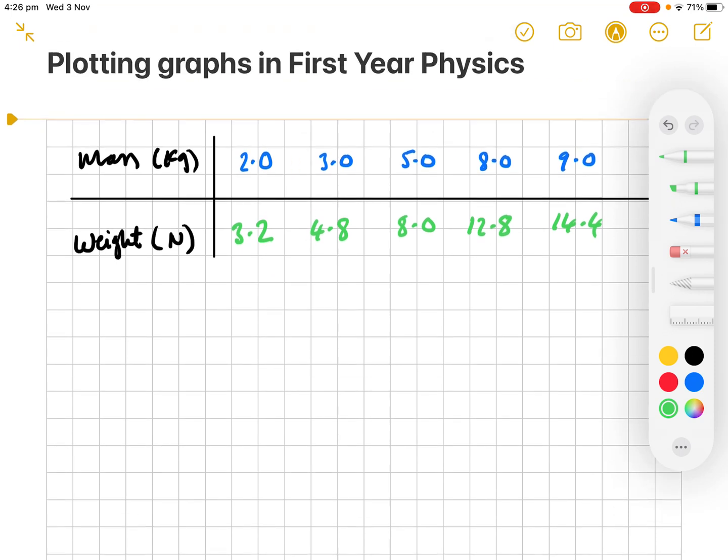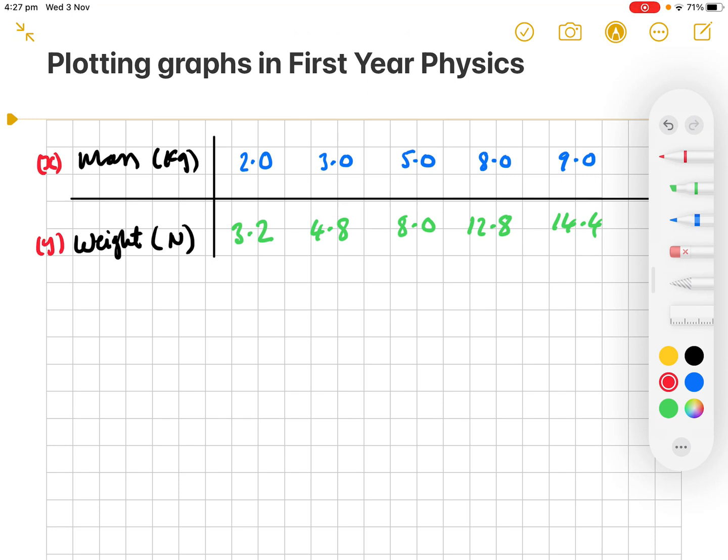Well, the question will usually tell you which is to be the horizontal axis and which is to be the vertical, so that would be the x and the y in maths. Usually in physics, when we're plotting a mass weight graph, this is usually the x-axis, which is the horizontal one. That one goes along the way left to right, and this one is usually the y. So let's fix this.